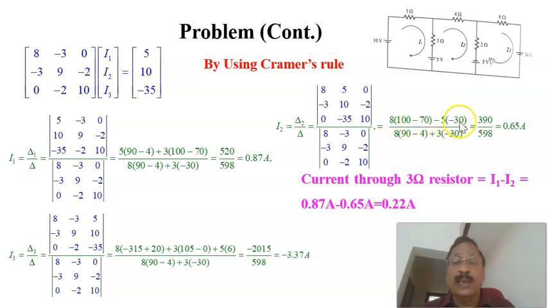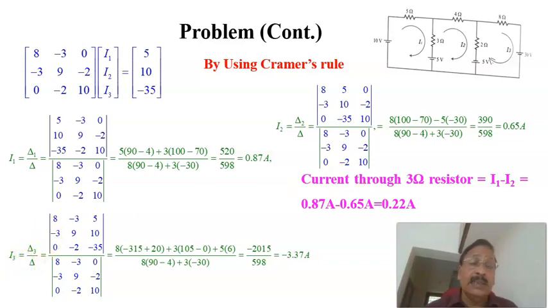That is why the numerator is this much only. The denominator, as we already saw, is 598. Taking the ratio, 390 divided by 598, it is equal to 0.65 amperes. Therefore, the second mesh current I2 equals 0.65 amperes.